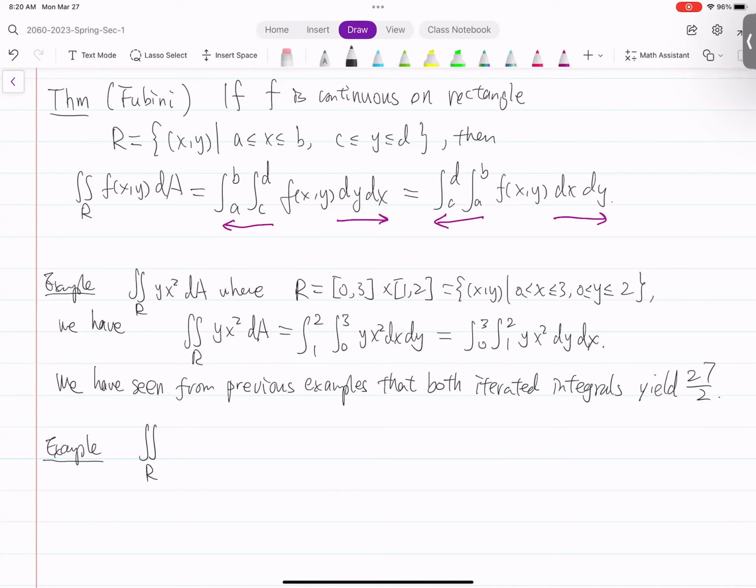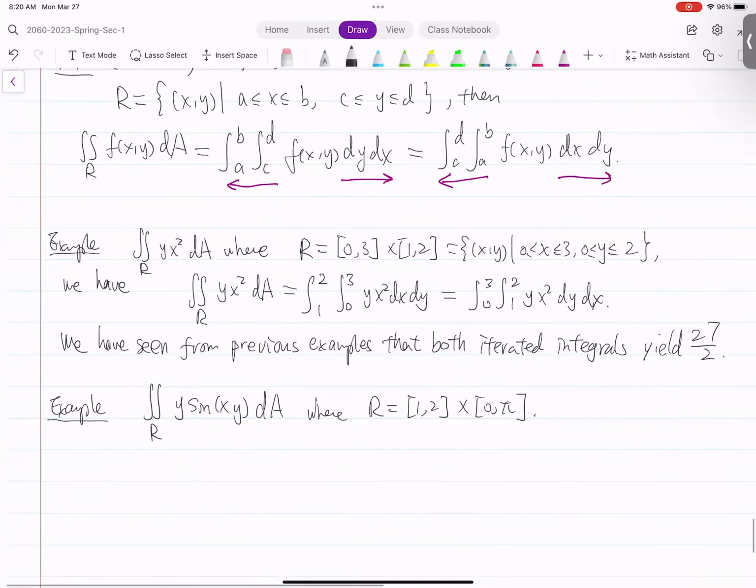Okay, so now this integral is y times sine of xy dA, where R, the region, is 1, 2 cross 0, pi.